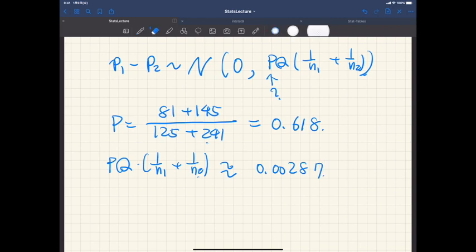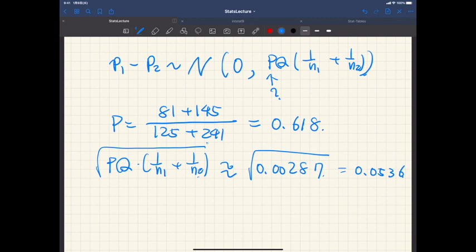If you take the square root, this would be approximately 0.0536 or so.